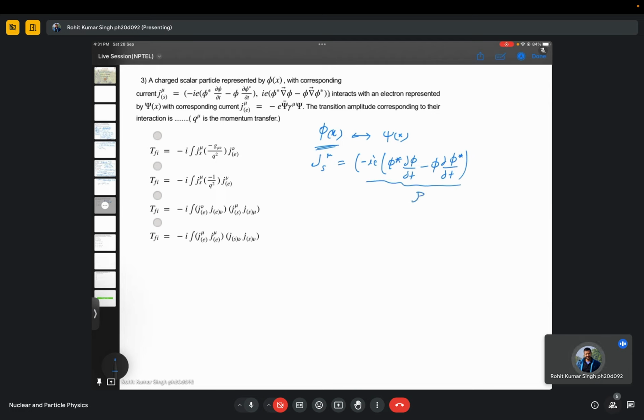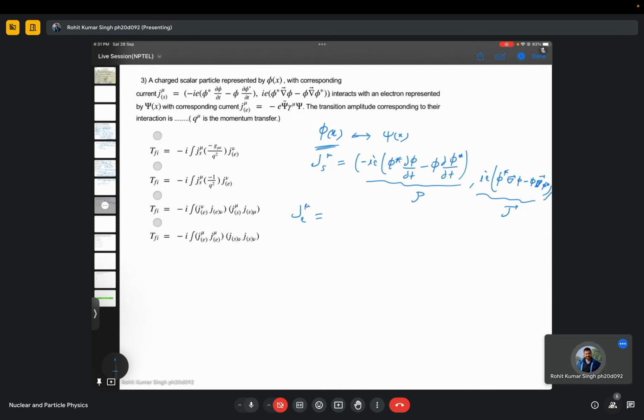So this is just the charge density, and the second is the current density J. Okay. And similarly for the electron, the corresponding current is given.